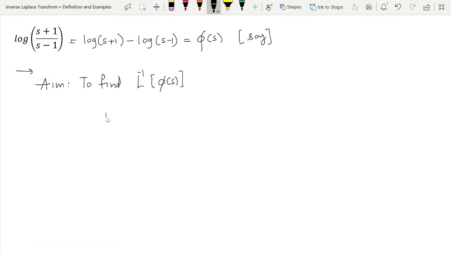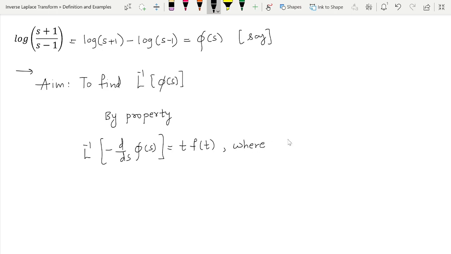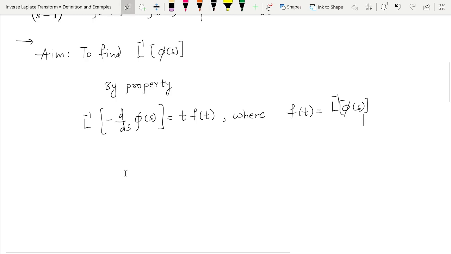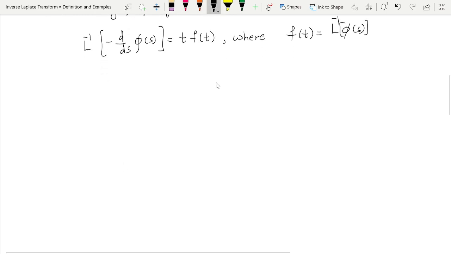By that property, L inverse of minus d by ds of phi of s will be equal to t multiplied by f of t, where f of t is nothing but L inverse of phi of s. So ultimately we have to find the value of f of t only. First of all, let us find L inverse of minus d by ds of phi of s.